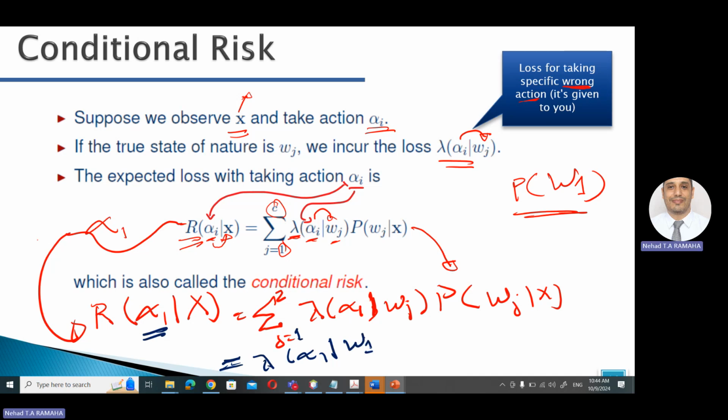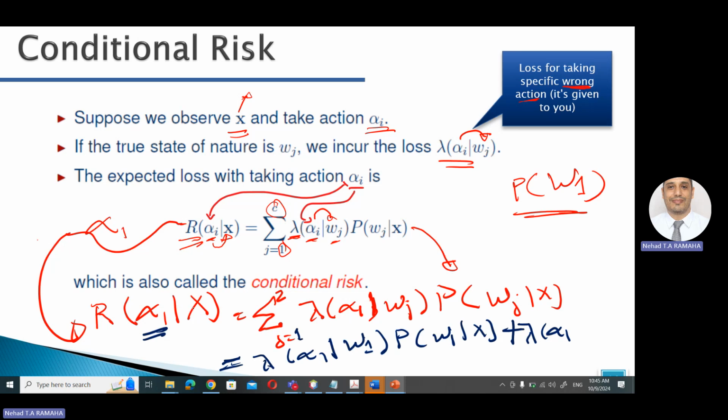Given W1 multiplied by probability of W1 given X, plus, now we take the second summation, which is lambda of alpha 1, still alpha 1, given W2 now, because here we take J as 2, multiplied by probability of W2 given X. I is different than J, the summation is only for J. I we take as 1 here because we take alpha 1.